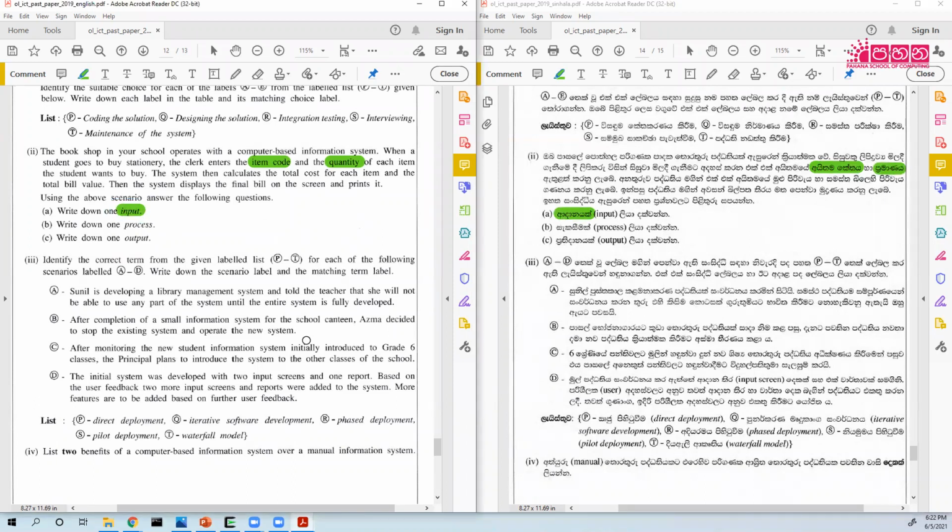Right. Can you identify the processes? What are the processes? Yes, Pramudi good, Janani good.